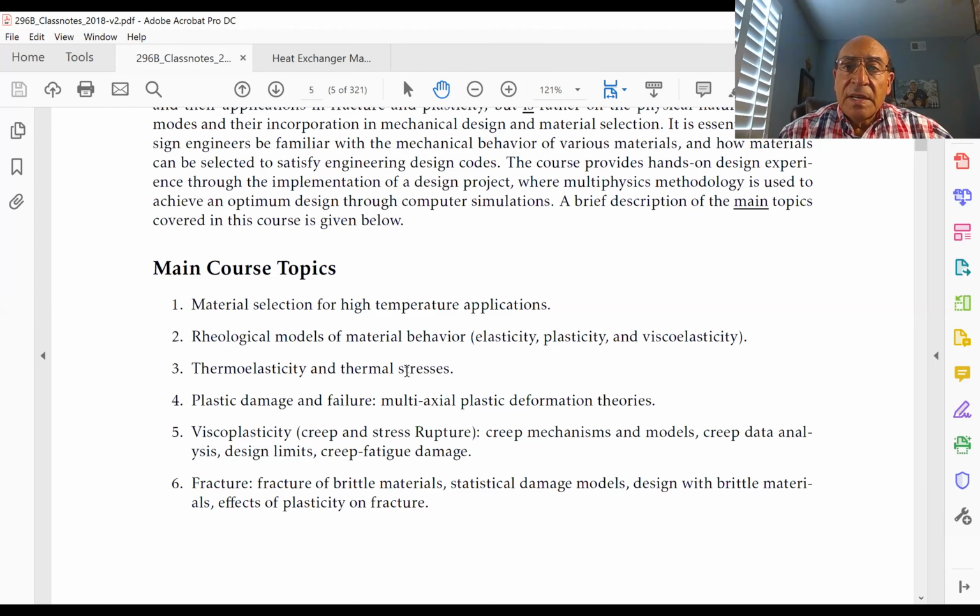solutions. Now, at the end of this period, I have also a little bit of exposition on the finite element method, because we will use it for simulation of multiphysics of design components.